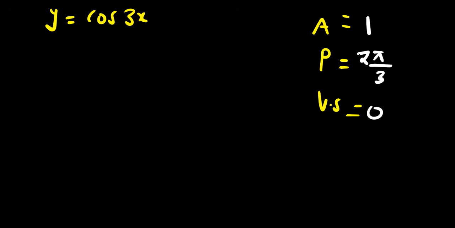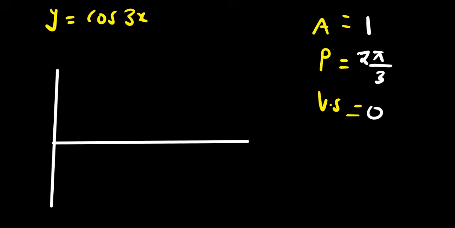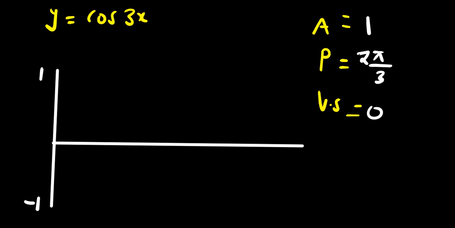We have everything that we need to graph this function. So this is the y-axis, this is the x-axis. Okay, then what do we now have? We are saying the amplitude is 1, so it alternates between 1 and -1. Then we're saying this graph is going to end at 2 pi over 3.